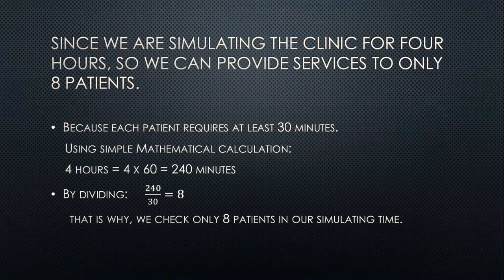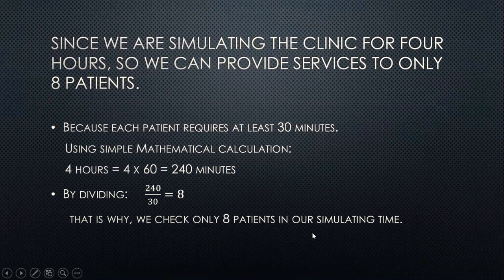Because each patient requires at least 30 minutes. 4 hours would be equal to 240 minutes, so by simple division, 240 divided by 30 is equal to 8. That is why we check only 8 patients in our simulating time.